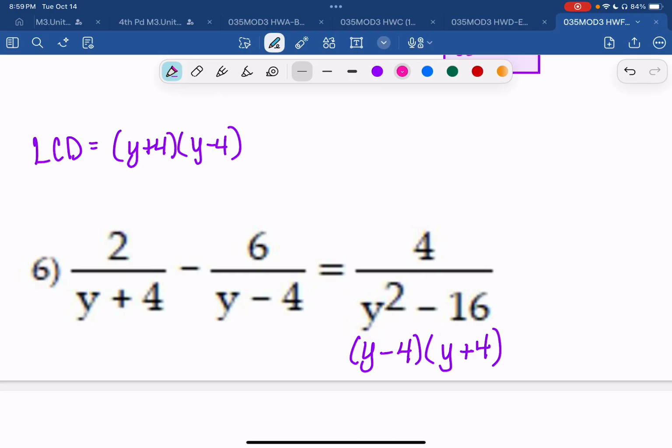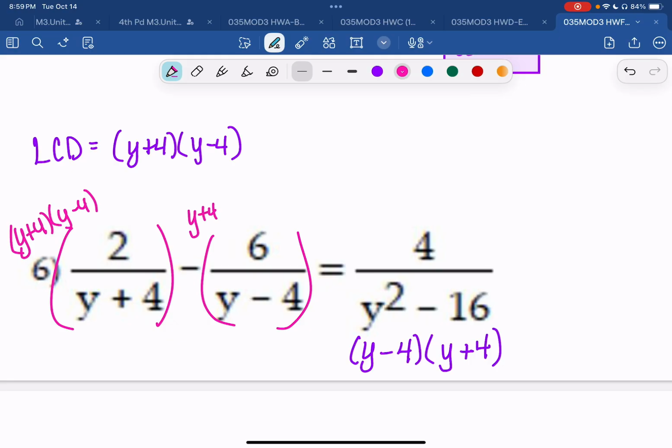So I'm going to come through and multiply everything by y plus 4, y minus 4. Again, you don't have to write it out every time. That's just something I like to do because it helps me see what I've canceled and see what I have.